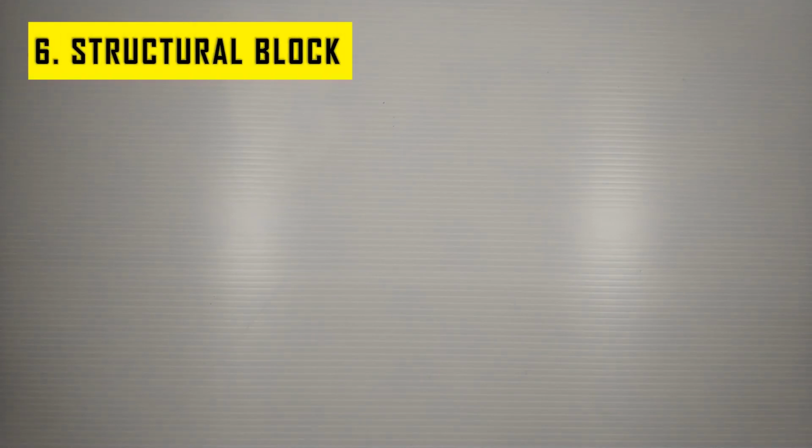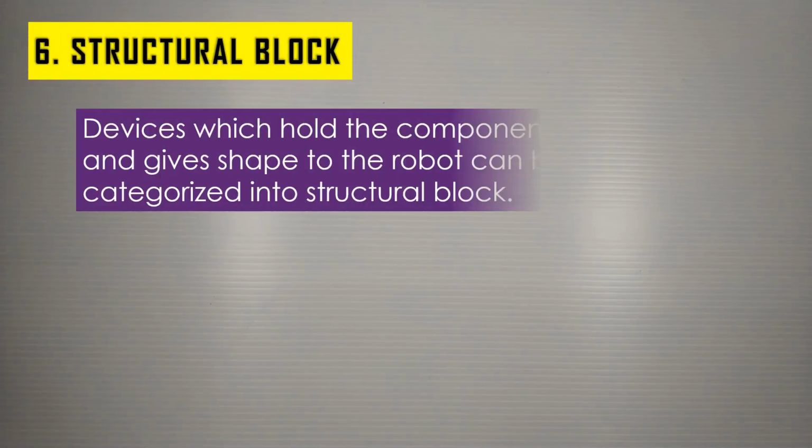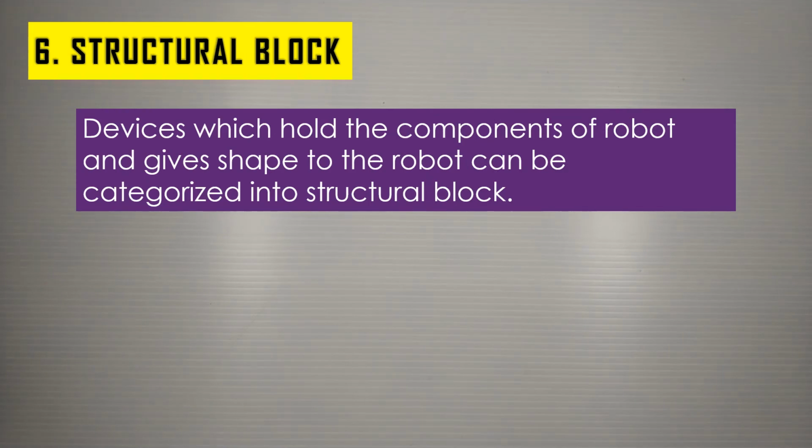Now the final and sixth block, structural block. A robot needs a frame, structure or a base where we can install or place all components. For simple robots, chassis gives the structure like this.